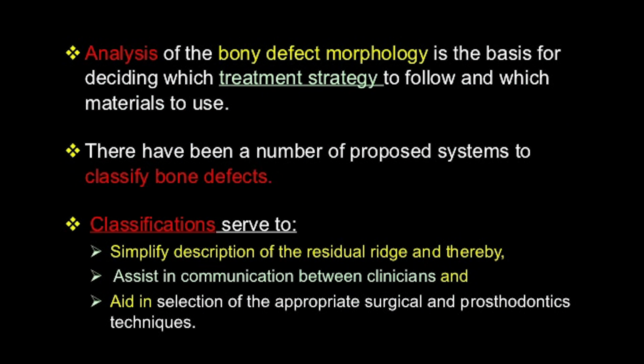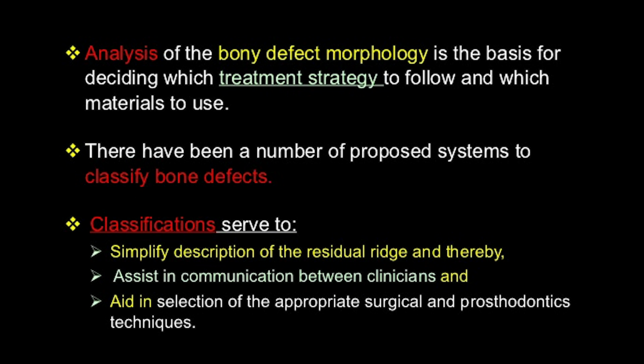Analysis of the defect that occurs after tooth loss is the basis for deciding what kind of treatment we should provide this patient, whether we augment the socket, or we build the ridge with ridge augmentation, or we do immediate implant right away. There have been a number of proposed systems to classify the bone defects, and accordingly we decide what type of treatment we will provide that patient.